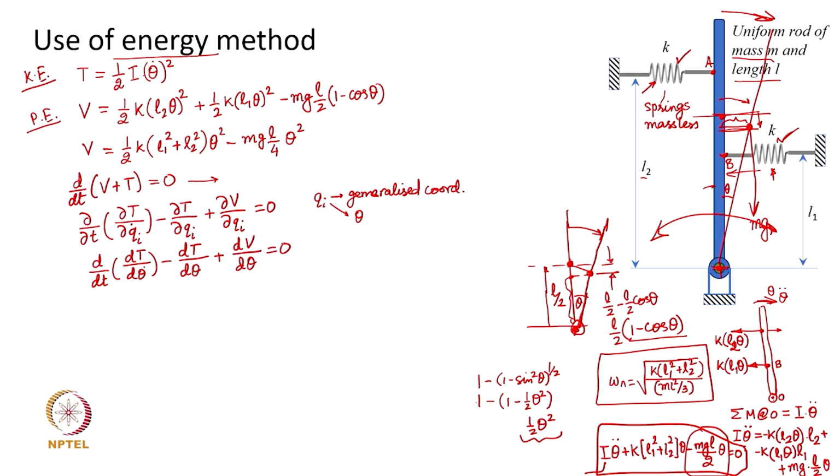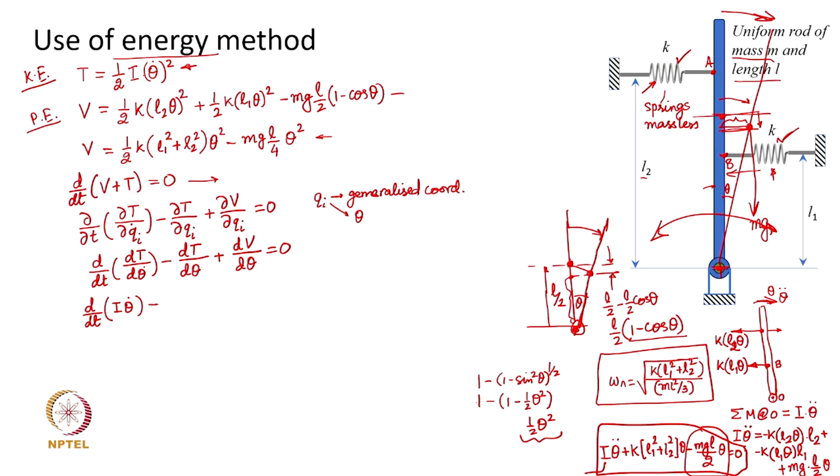Now, if we substitute the expression for the kinetic energy and the expression for the potential energy, let us take the first term: d/dt of the derivative of this with respect to theta dot is just I theta dot, and minus this term.